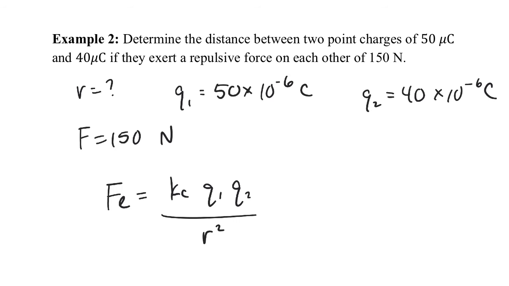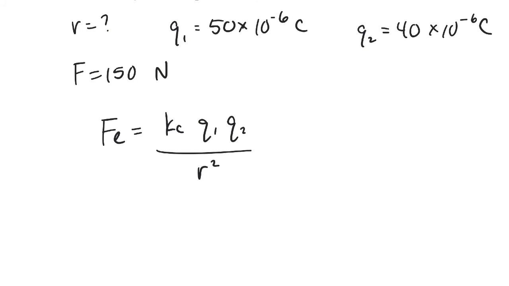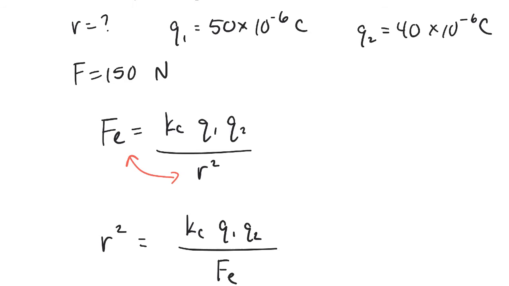What's the easy way to solve for something when it's down here in the denominator? Switch it with the FE. Very good. Remember, a denominator to solve for can be a little bit tricky. Just remember to move it with the other side. So let's flip-flop these two variables. This becomes r squared equals kc q1 q2 over fe.